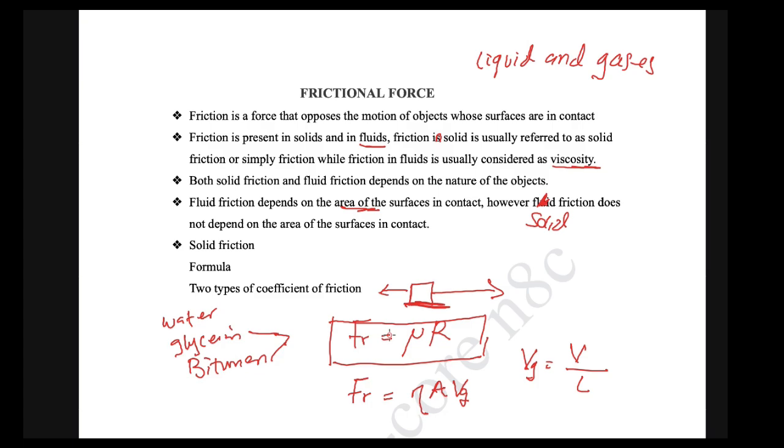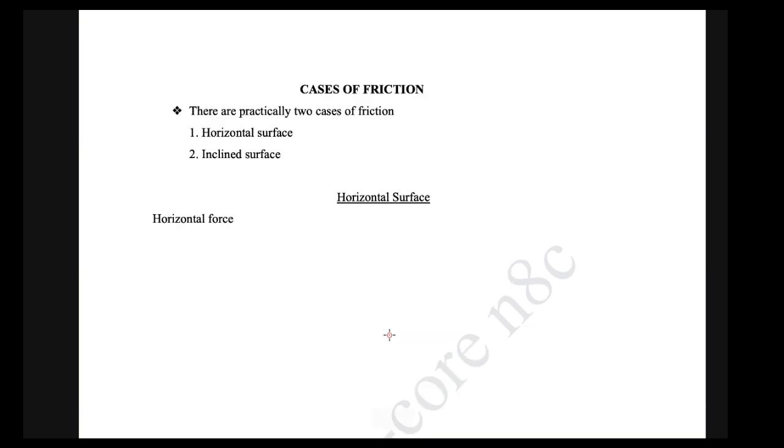Now, in this video, what we are going to focus on is solid friction. Another video is going to be done on fluid friction. So let's get to solid friction. For solid friction, I'm going to categorize them into cases for better understanding.